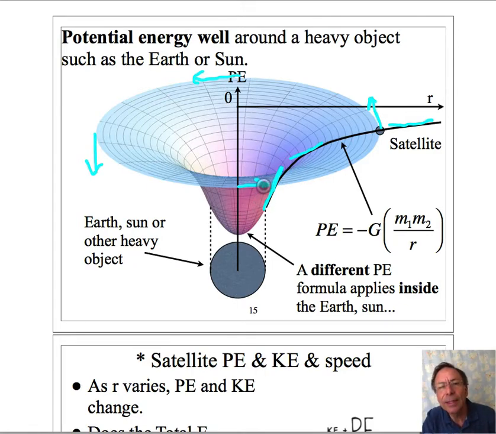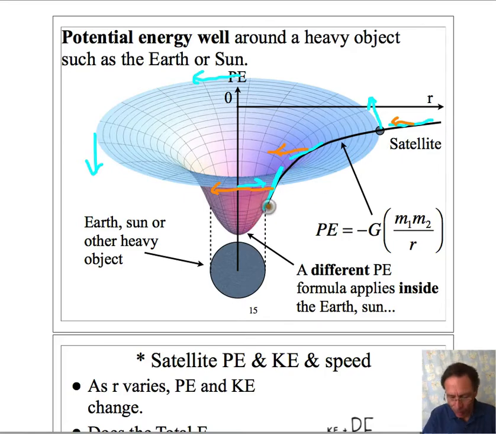So you can see that because the slope is big, that's telling us that the gravitational force is big right here. And then here the gravitational force is less. And here, the gravitational force is quite weak. And this hyperbola, as it goes out to infinity, eventually the gravitational force will approach zero, although it never gets quite to zero.